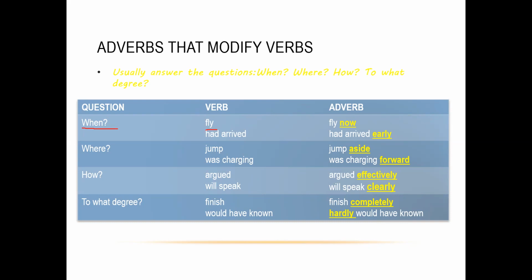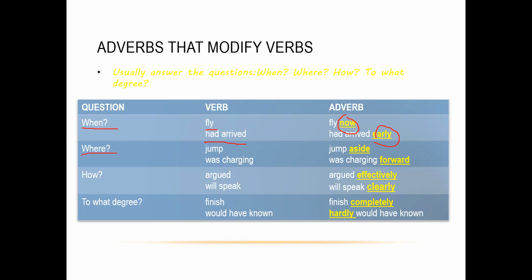When did she fly? Fly now. When, okay? Had arrived. Had arrived early. So these are the adverbs that answer the question when. Meaning we're talking about time. Okay?